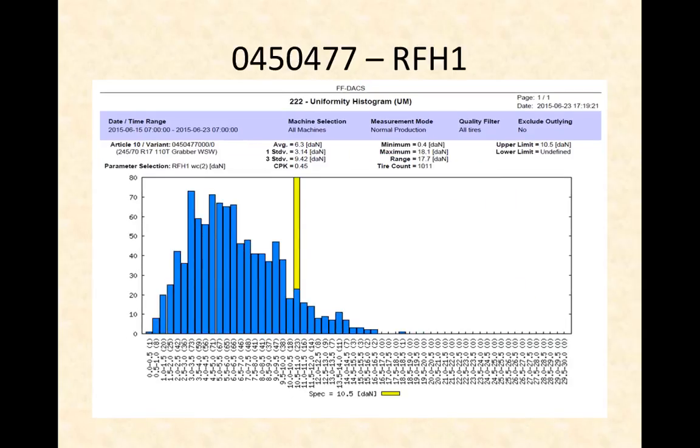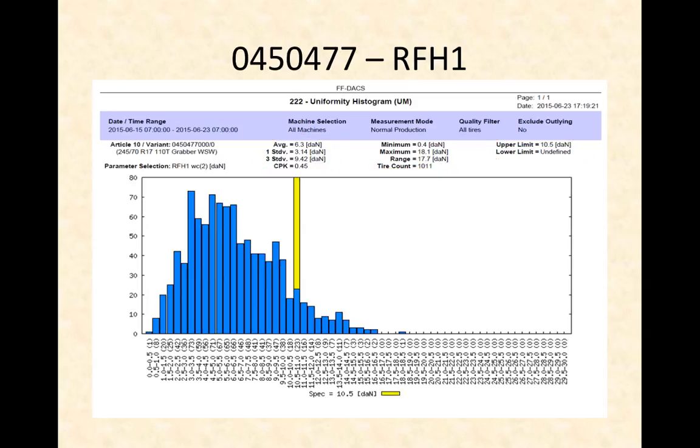Our next article is 045 0477. It also has an RFH1 problem. Again, we will display the average, first deviation, third deviation, CPK values, upper limit, lower limit, and the tire count.